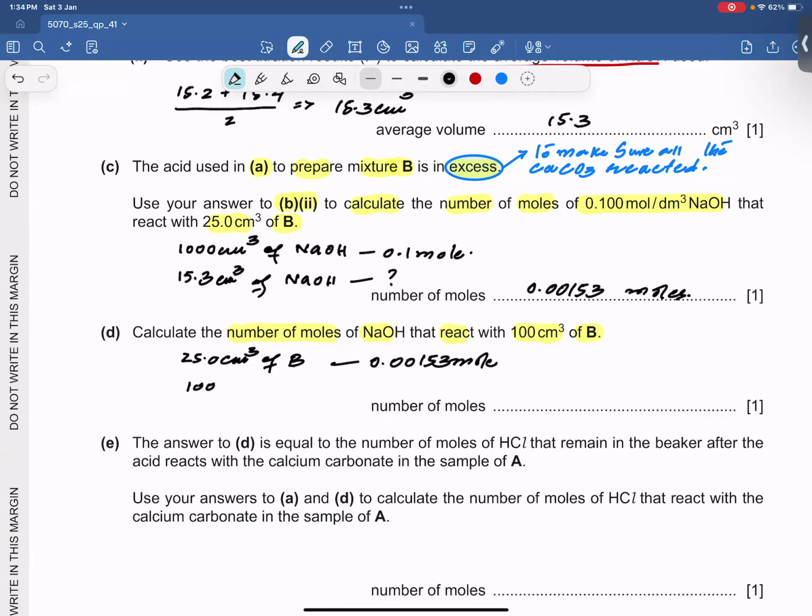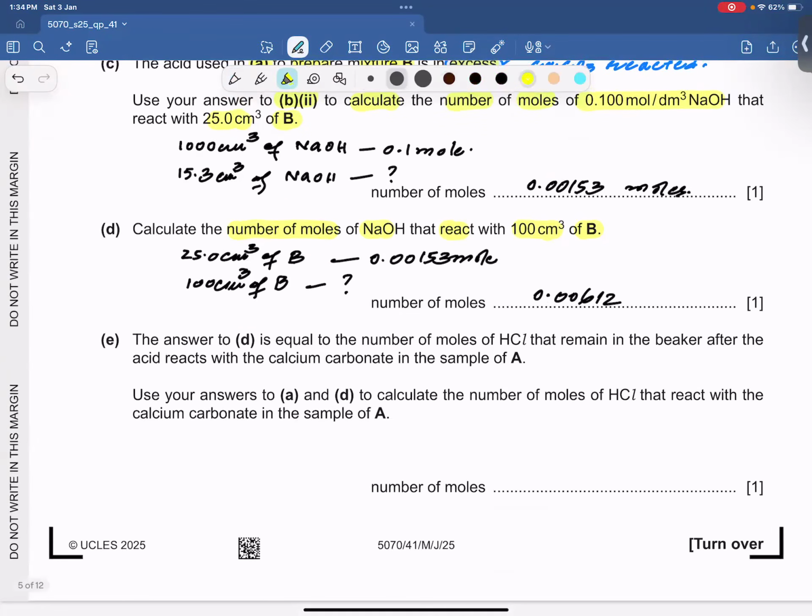When we have 100 cm³ of B, how many moles in it? Into 100 divided by 25, it's going to be 0.00612 moles. Okay.